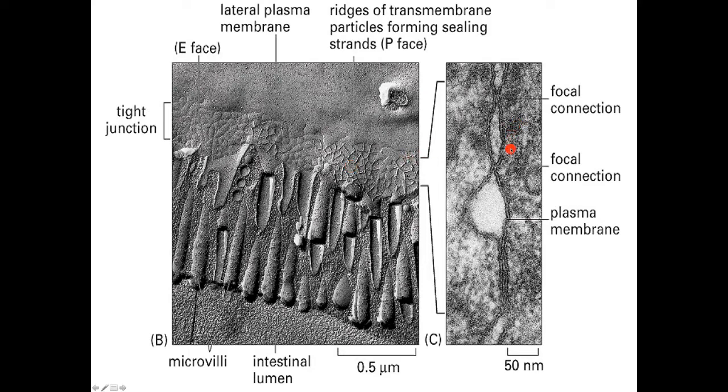Here in the transmission electron micrograph, you can see regions where the plasma membranes, one cell here, another cell here, the plasma membranes have actually fused, as shown here. Here there's a space between the plasma membranes, here fused again, here space, here fused again, here space. So if I were to go over to this side of the micrograph, the ridges here, or these rows, represent the fusional portions of the junctions, and these spaces here would represent the spaces that you see here on a transmission micrograph.